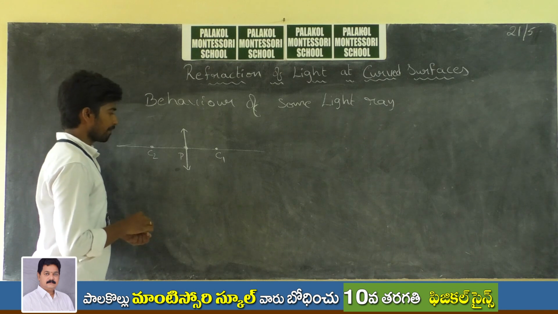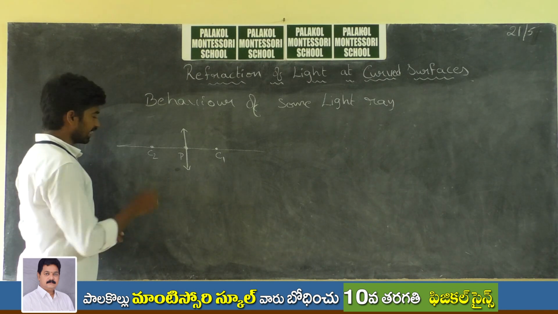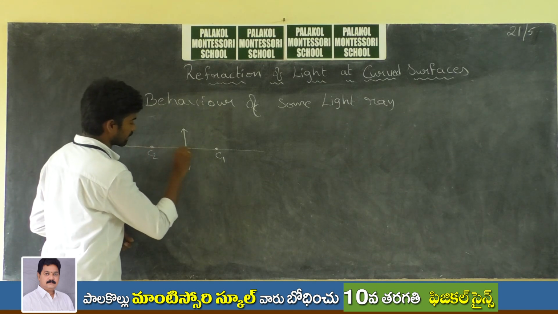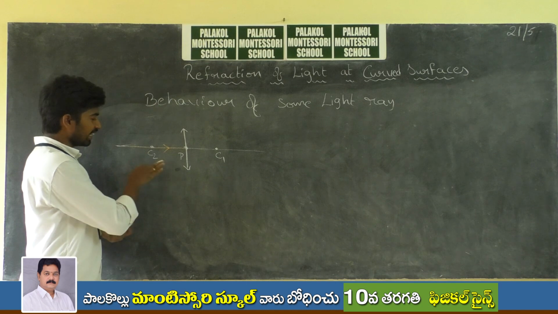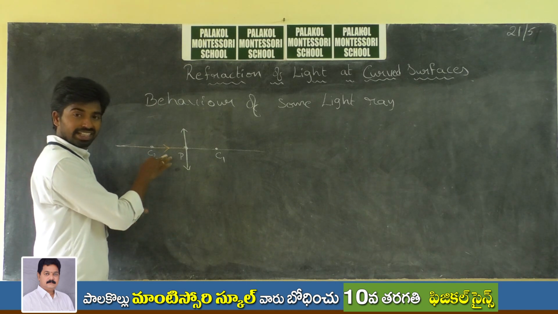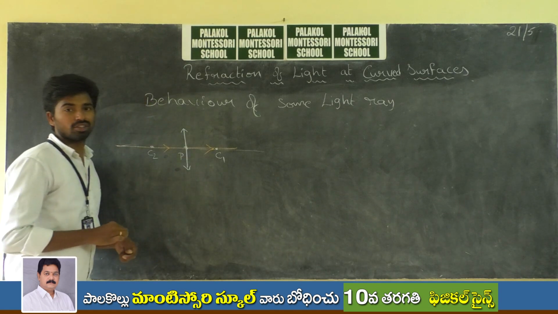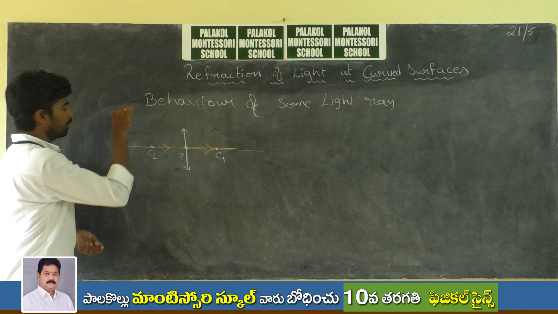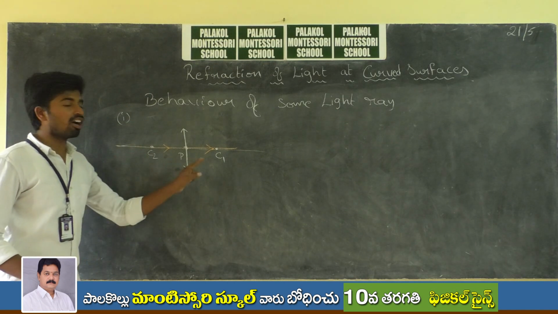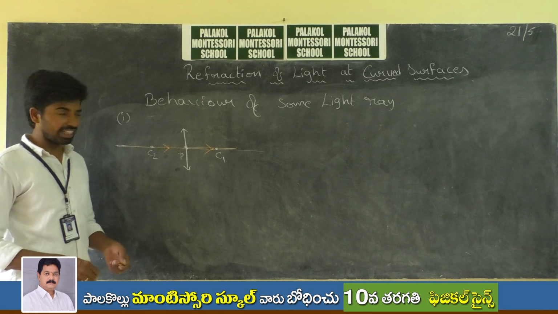So let us consider a light ray along the principal axis. The light ray which is passing along the principal axis will follow an undeviated path. This is the first case: the light ray which is along the principal axis will follow an undeviated path.